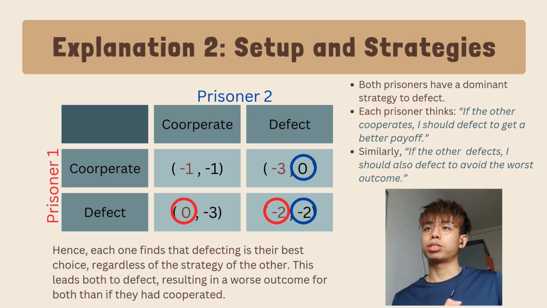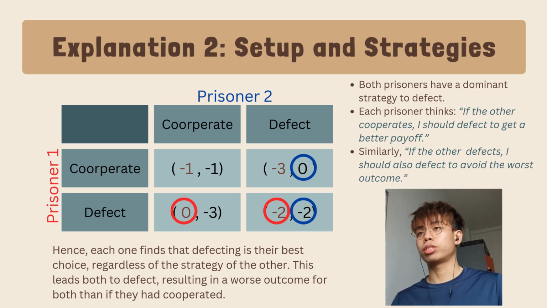On the other hand, if prisoner 1 chooses to defect while prisoner 2 cooperates, prisoner 1 will get an outcome of 0, while prisoner 1 will get an outcome of -2 if prisoner 2 also chooses to defect. What we can see here is that the outcome for prisoner 1 if he chooses to defect is always better than if he chooses to cooperate. So, prisoner 1 will most likely choose to defect.